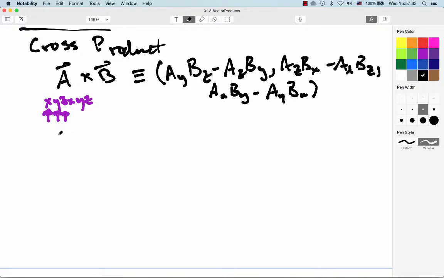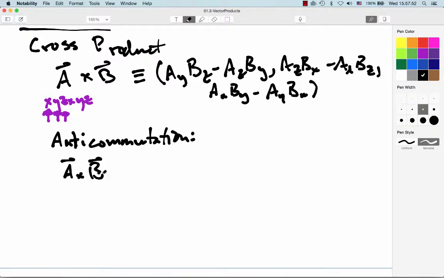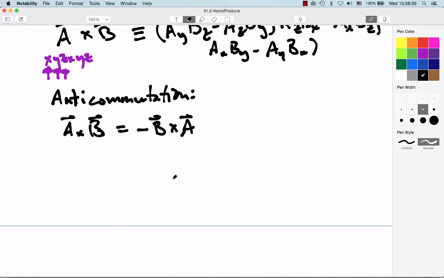One of the more surprising properties, possibly, of the cross product is that it anti-commutes. So what that means is that A cross B is not equal to B cross A, but it's actually equal to the negative of B cross A. In other words, the resultant vector points in the opposite direction when we change the order of the cross product.